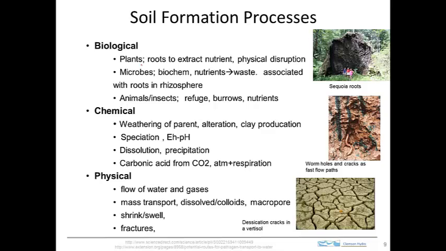Plant roots will produce compounds that will break down soil materials, that will break down rock minerals, the components of rocks, and extract nutrients. And roots are also really good at physically disrupting soils.